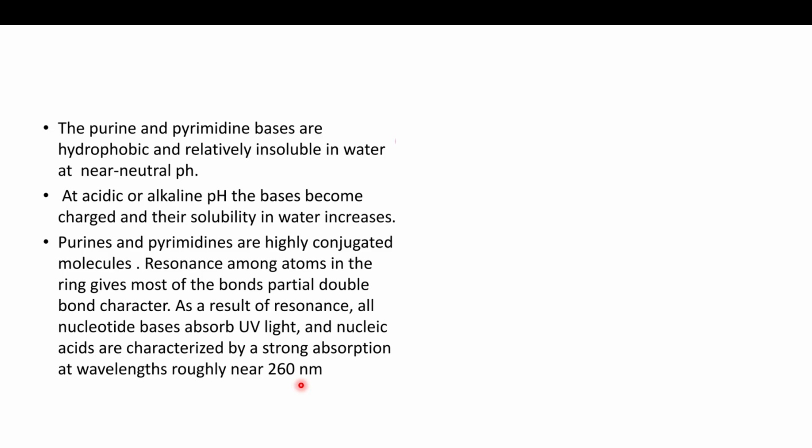We always measure the UV at 260 nanometers range, where these bases having double bond character or partial double bond character, rather delocalized electron cloud all over the planar region. So due to this particular characteristic, it absorbs at 260 nanometers, and we can eventually check the purity or the content, or the amount of the nucleic acid in our sample.